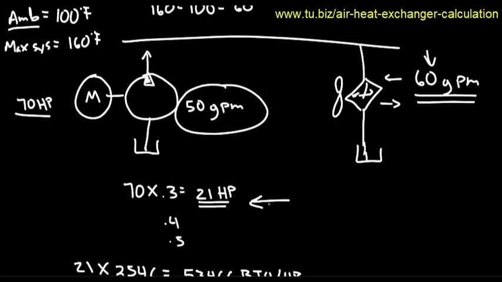So when you think about how much heat you need to remove from the system, always think about how much horsepower you need to remove and how much horsepower is installed in the system. So that is the way that I go about calculating an air heat exchanger.